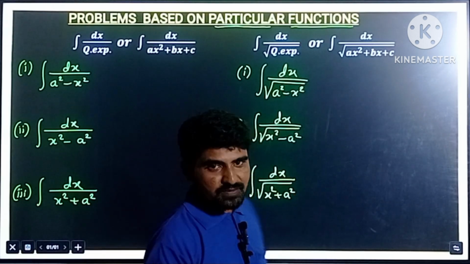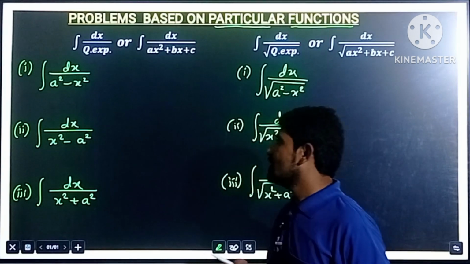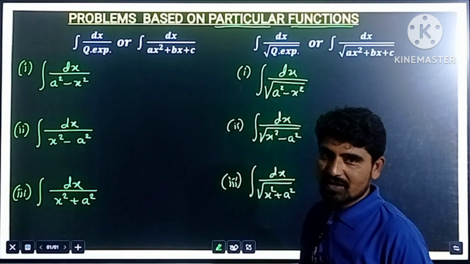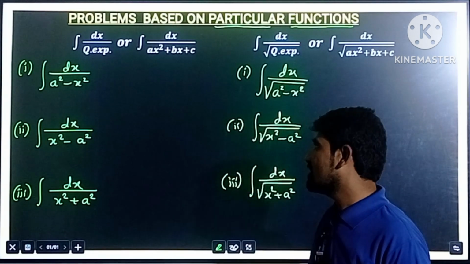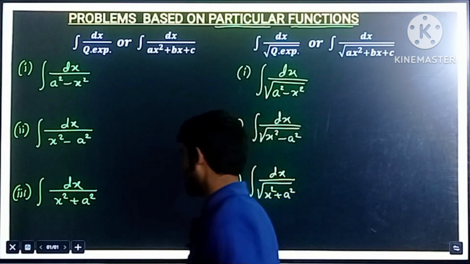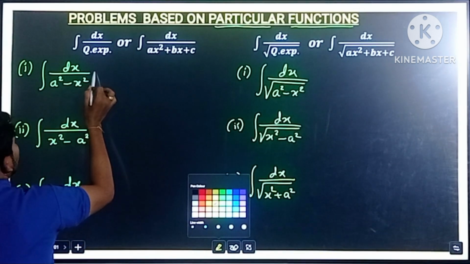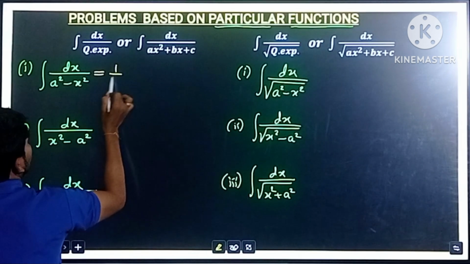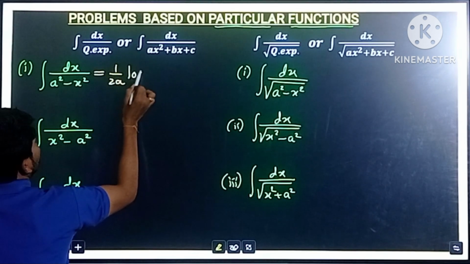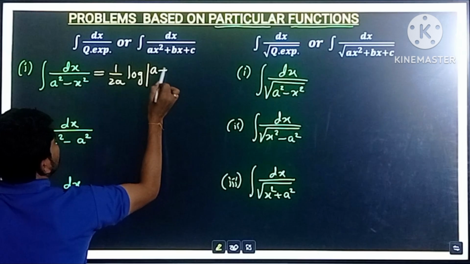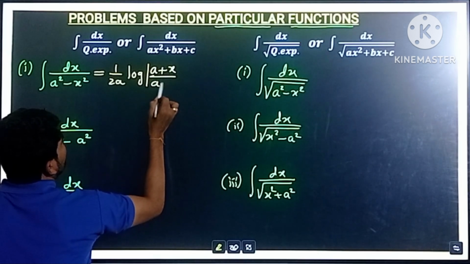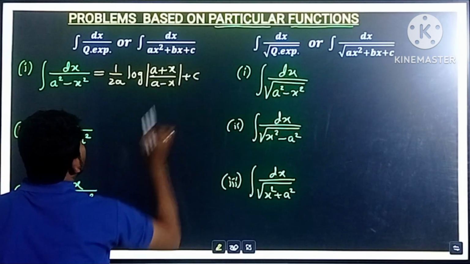To solve the problems based on these particular functions, we need the formulas, so I want to recall the formulas proved in my last video. The integration of dx divided by a square minus x square is 1 divided by 2a into log of (a plus x) divided by (a minus x) plus c.